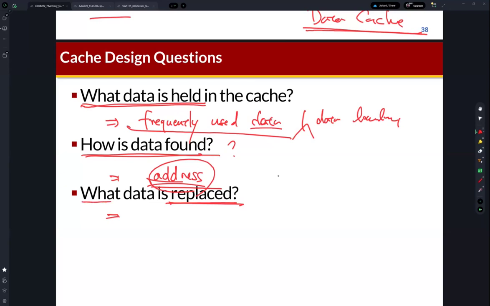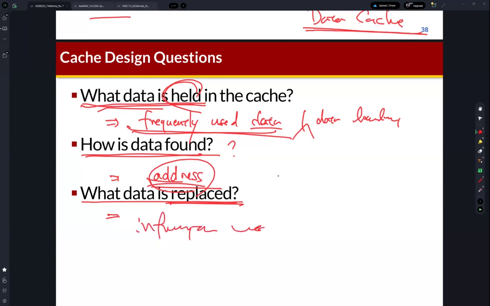So what data is replaced among the existing data? What data is held? What data needs to be evicted, kicked out from the cache? What data is held? Frequently used data. What data is evicted or replaced?